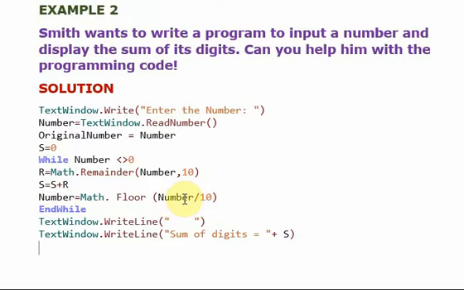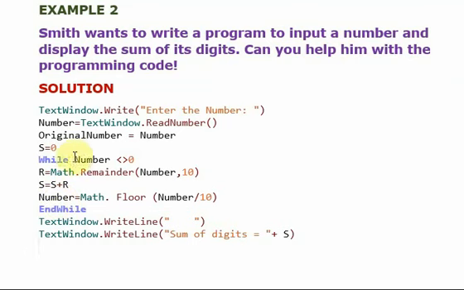Now 34 divided by 10 is 3.4. Then this floor command will ignore the decimal and take the lesser value, 3. Now 3 is shifted here. Now the number variable is holding 3.